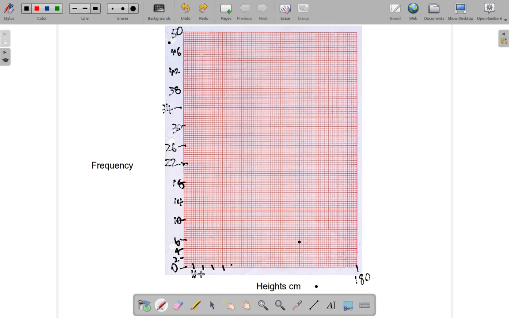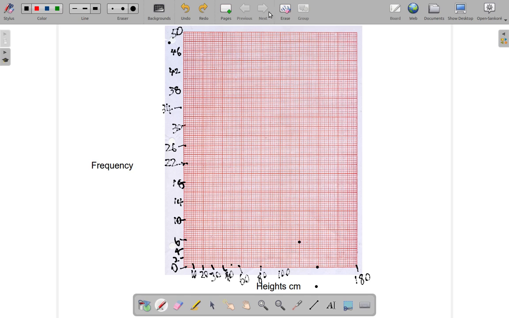This would be 10, 20, 30, 40. You get the idea. 50, 60, 70, this would be 80, 90, 100, and so on and so forth.